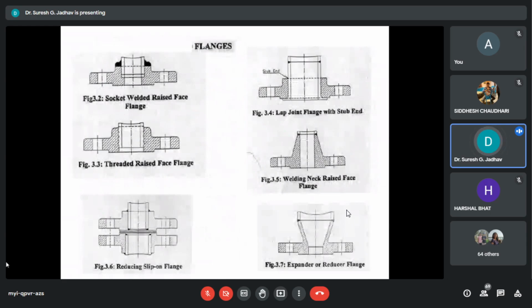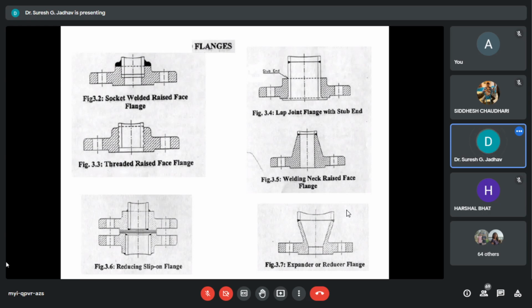Now next is flanges. These flanges are used as per ASME B16.5 and ASME B16.47. In flanges, there are different types of flanges.